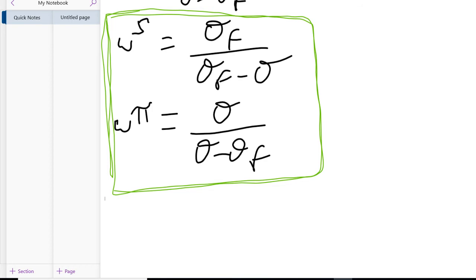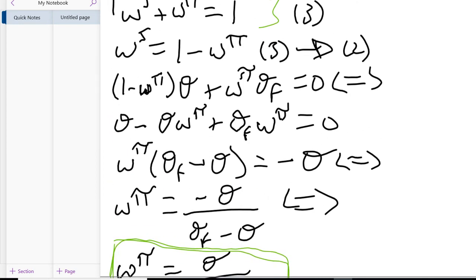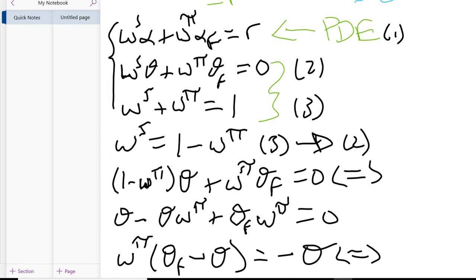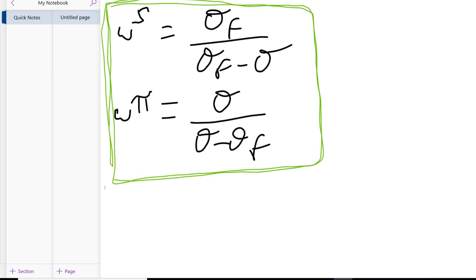Okay, now again, these are just the weights, and so far we've only been working with the last two equations in this system. So again, it's important now to solve the first one, and this will lead us to the PDE. So first, let me go back down here, just so we don't have to keep scrolling up.